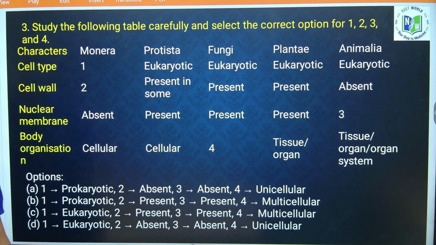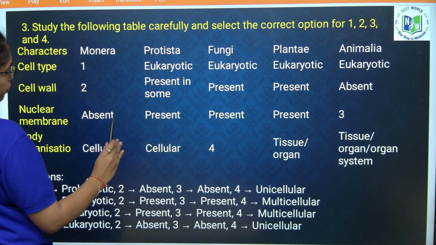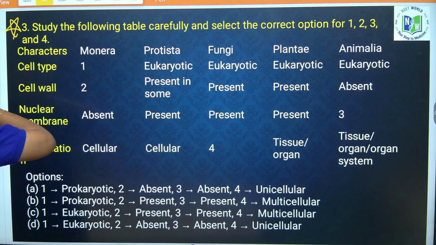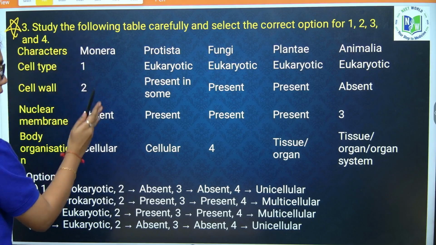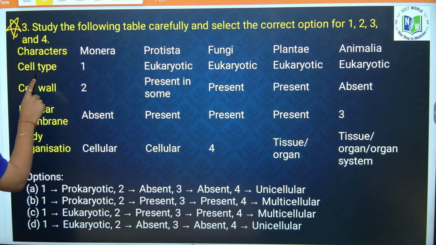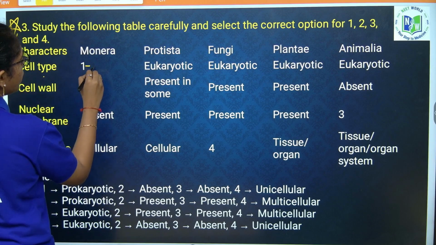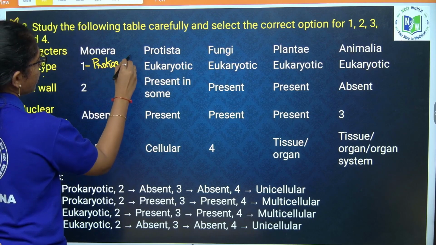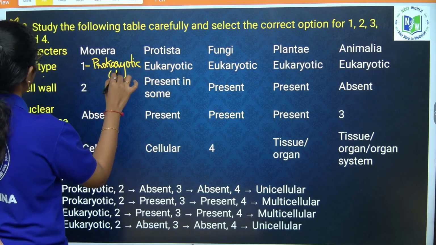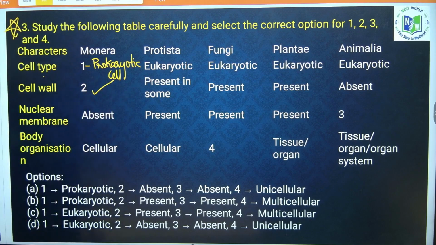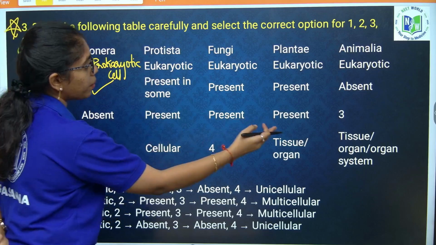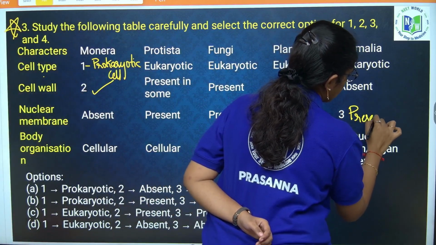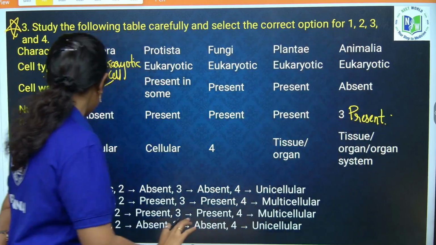Here, if you see the table, which is most important for the 5 kingdom system of classification, you have to fix it in your mind. The cell type of Monera is prokaryotic, and yes, a cell wall is present. Nuclear membrane is present in Animalia, in the cells of the Animalia kingdom.